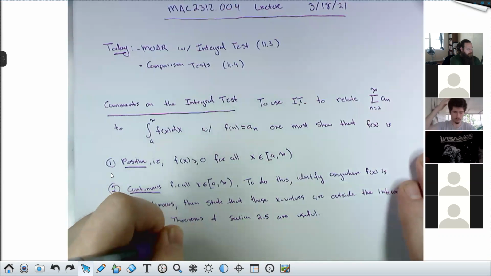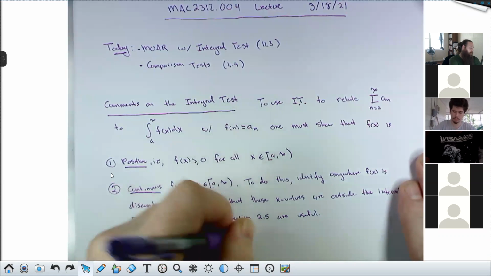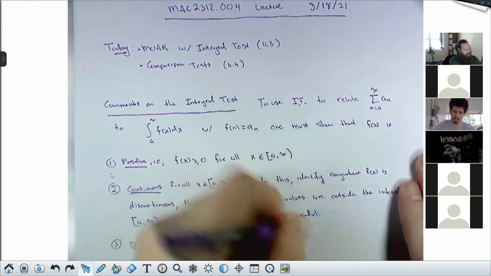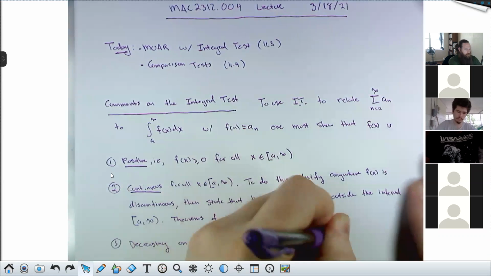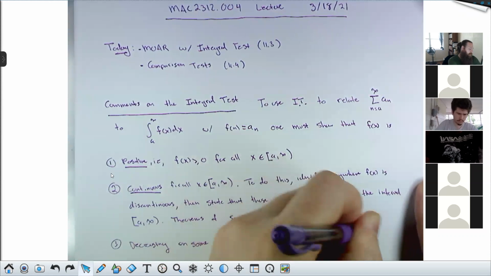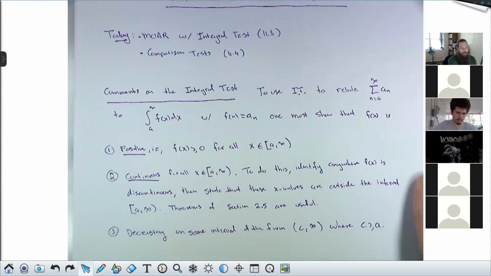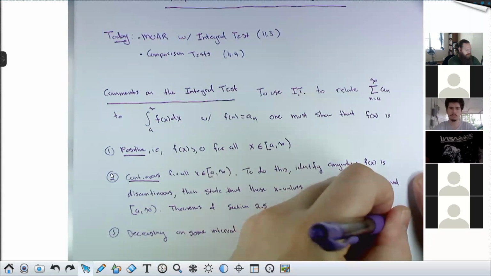It needs to be decreasing on some interval of the form, let's say, c to infinity, where c is greater than or equal to a. In other words, the function needs to be eventually decreasing.